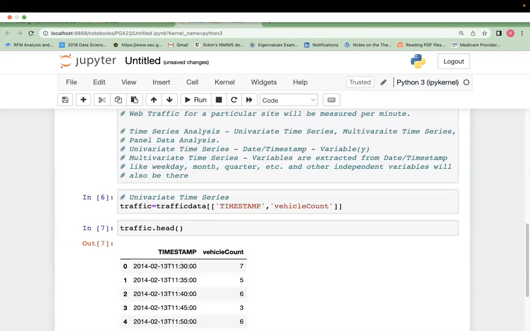So we have created a univariate time series where we have the first column called timestamp, or date with time, and then the variable y, which is the vehicle count.